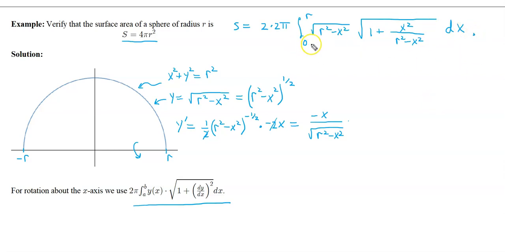There we go. Notice that we replaced the y with the square root of r squared minus x squared, because recall we have to integrate with respect to x here.